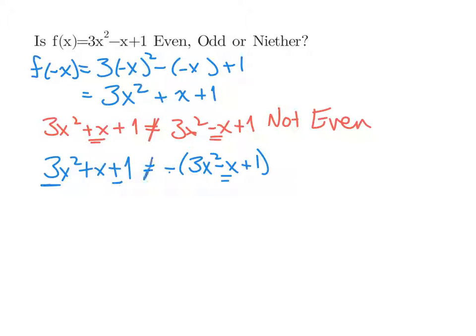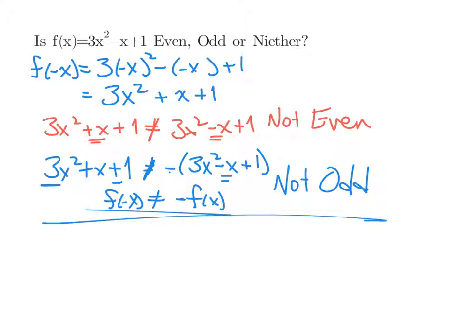So we see that these two are not equal to each other either. That means that f of negative x is not equal to the opposite of f of x. So this function is not odd either. So f of x is neither odd nor even.